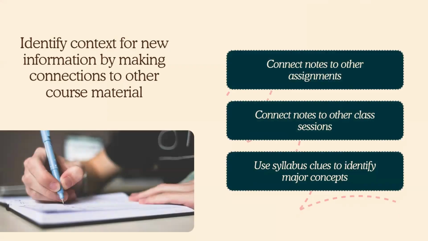One way to create this meaning is to identify the context for new information that you have acquired by making connections to other information that you have. What does this mean? So you may be going into a class session having done readings and you don't understand the readings, you don't understand the course material, you have these notes that you also don't understand.